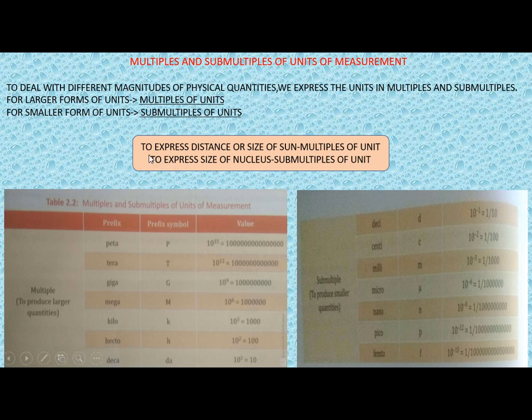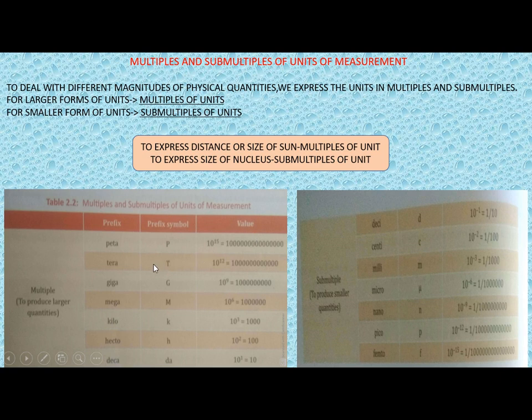One example is also given. The distance or size of the sun is very large, so that can be represented by multiples of a unit. And the size of a nucleus is very small, so that can be represented by submultiples of a unit.